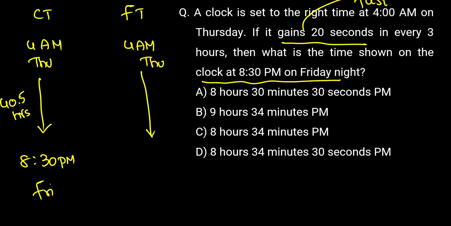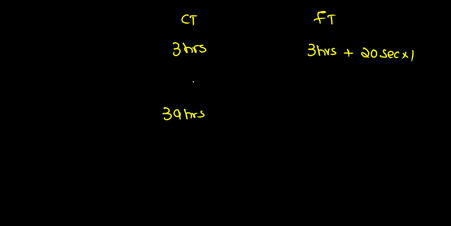Now listen, your correct time travels 40.5 hours. At that time, how much does this wrong time travel? Okay. Now as per the question, if correct time is 3 hours, the fault should be 3 hours plus 20 seconds into 1. Now 39 hours means, guys listen, into 13. 39 hours will be 39 plus 20 into 13, 260 seconds extra.